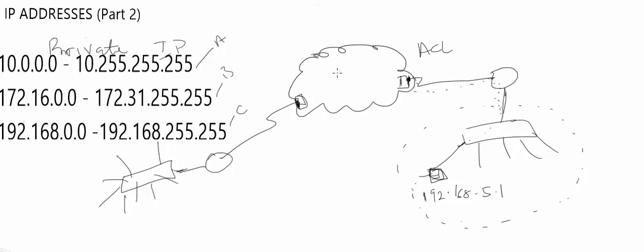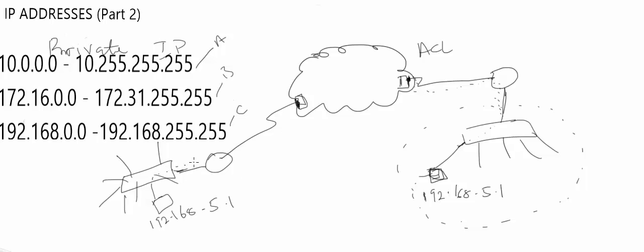So it doesn't get to the internet. Are you getting the whole picture? Therefore, network admin B here can assign this guy 192.168.5.1. Are you seeing it? You can assign him that same IP address. Why?